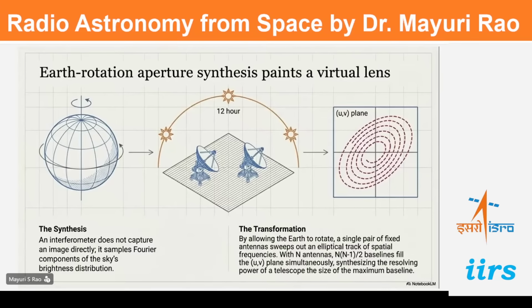And you can use your entire earth as a partner in creating a much larger radio telescope than your few individual telescopes. So this is called synthesis imaging or rotation synthesis. And effectively, whatever data you're able to sample in your visibility or UV plane, you're able to fill that plane more densely just by the trick of the earth rotating.